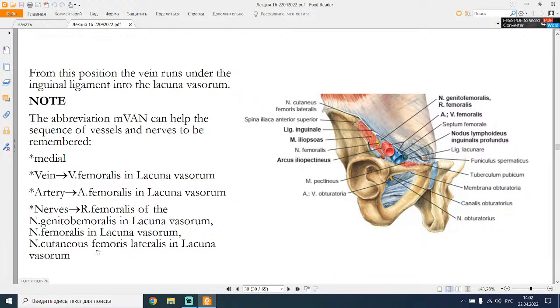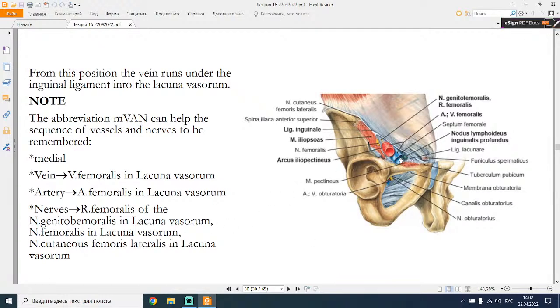These nerves are located in lacuna musculorum. Vein, artery, and nerves. Vein, artery, and nerves medially.